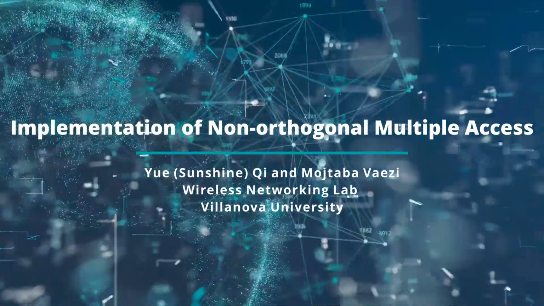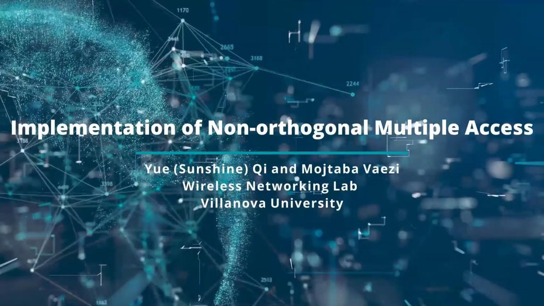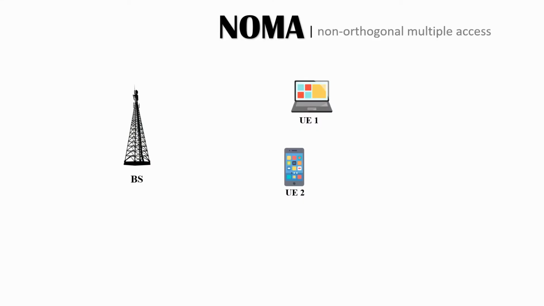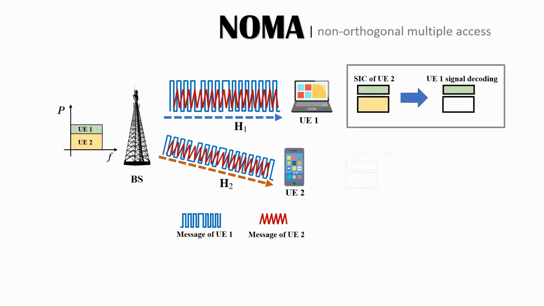I'm going to introduce a wireless communication system prototype we built over a wireless testbed. NOMA has attracted a large amount of research attention. It can transmit signals using the same resources such as time, frequency, code, or space domain, while sharing the transmit power.